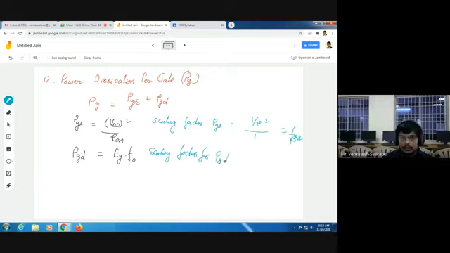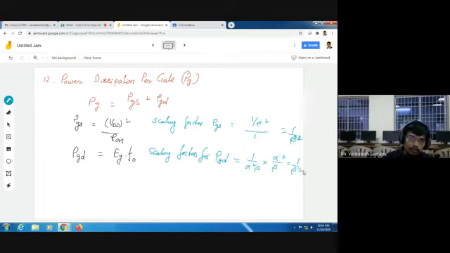PGD equal to EG into F naught. EG has a scaling factor 1 by alpha square beta, and F naught has a scaling factor alpha square by beta. Finally, it is equal to 1 by beta square.